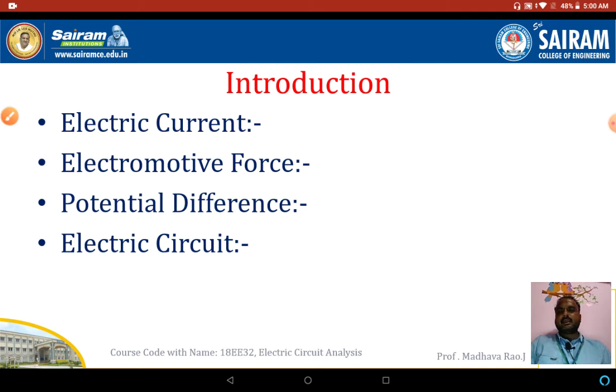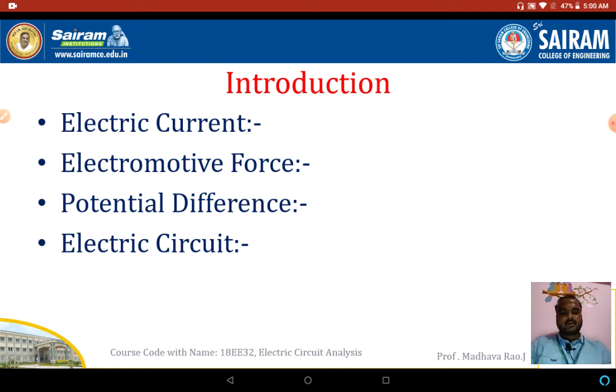Next, coming to the electric circuit. An electric circuit is a closed connection formed by connecting various elements like active elements and passive elements.